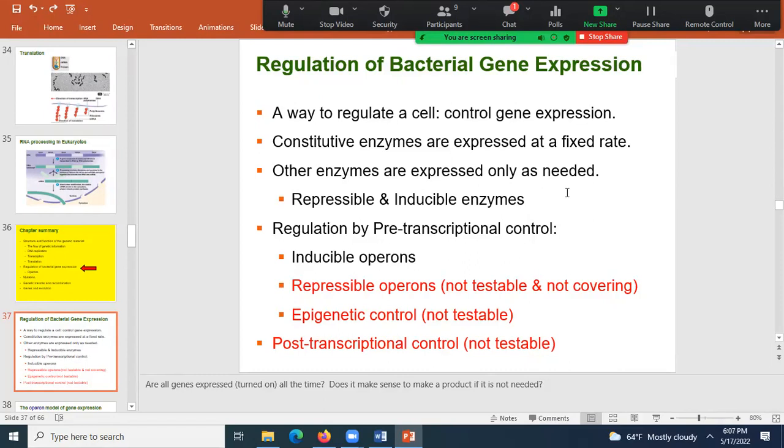And these we call repressible and inducible enzymes, or repressible or inducible genes. And these genes are turned on only when they're needed. They're turned off at other times. Any question about any of that?